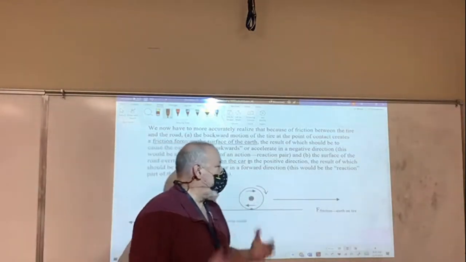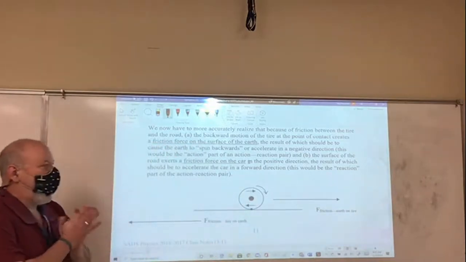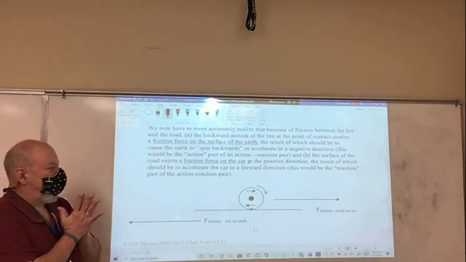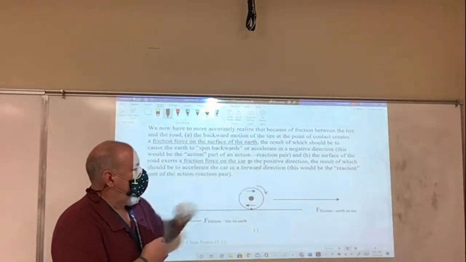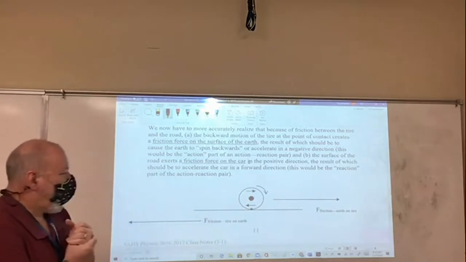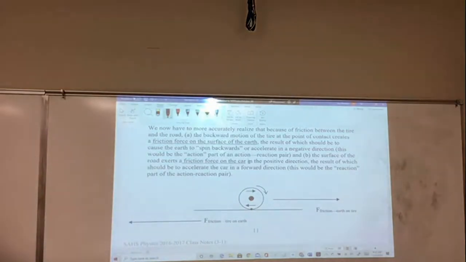Okay, so I don't know if you've ever thought about it in these terms before, but in order for us to truly understand the nature of this kind of acceleration, we have to think about where the actual force is occurring.